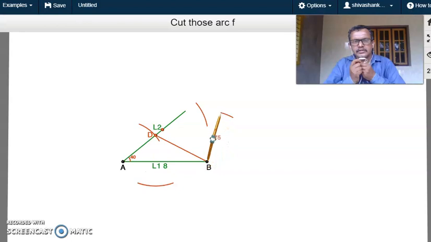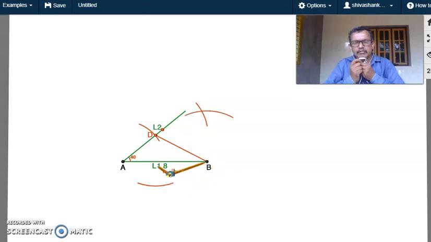Cut that arc from B with the same radius. Now we get two intersection points.